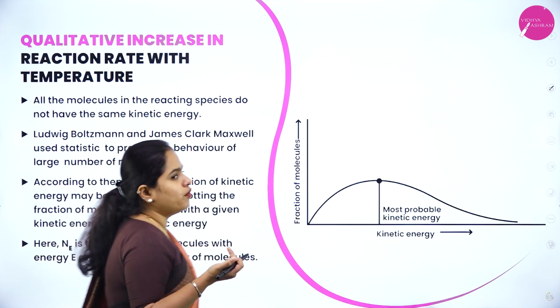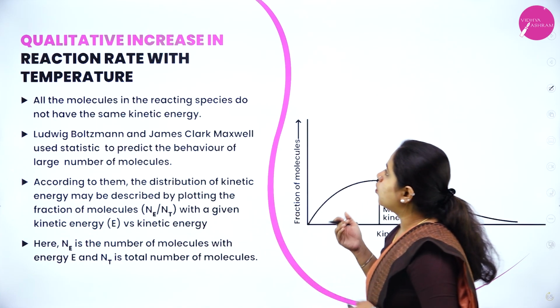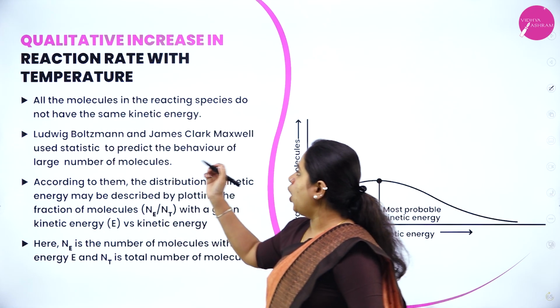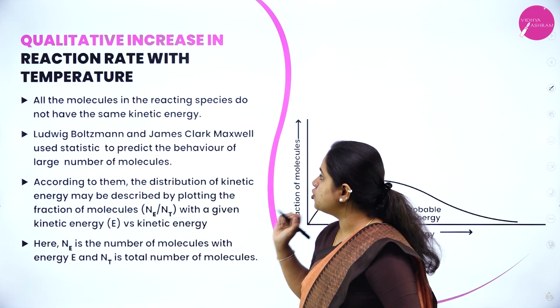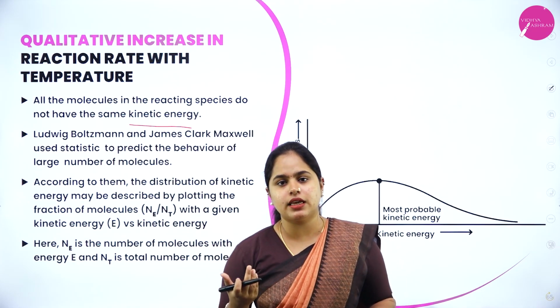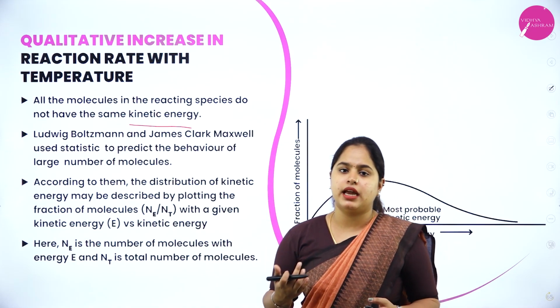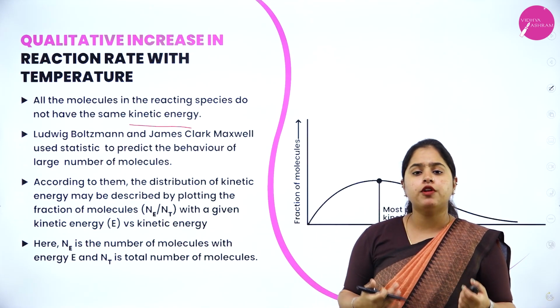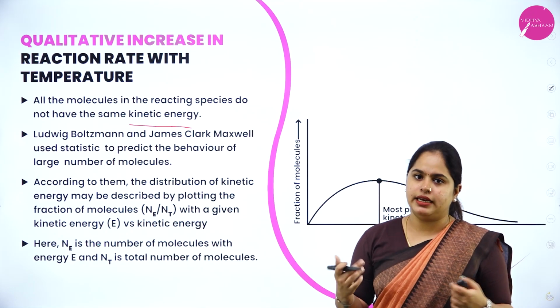Now moving on to the next part, that is the qualitative increase in reaction rate with temperature. All the molecules in the reacting species do not have the same kinetic energy. You should not think that all the molecules in a reaction will possess the same energy. Different molecules will have different kinetic energy.